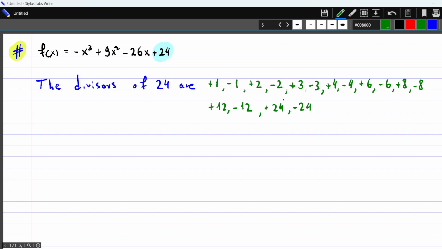This is the first step we need to do, to identify which numbers are the divisors of 24. I believe I haven't forgotten anyone, and that's all of them.